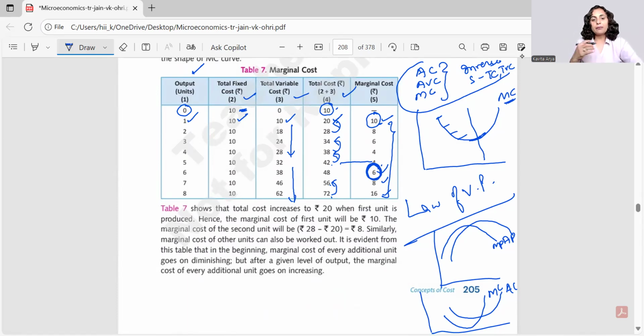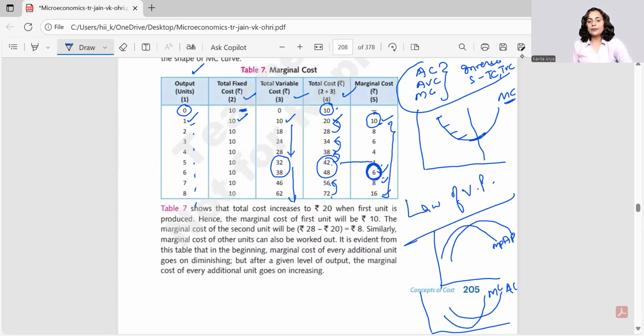When we are producing every next unit, after the first unit is made, we are only adding to the variable cost, right? Variable inputs cost is added. Fixed cost remains the same. And hence this 6 you can find as the difference between these two, the consecutive two units of total cost, as well as these two, the consecutive two units of variable cost, right?